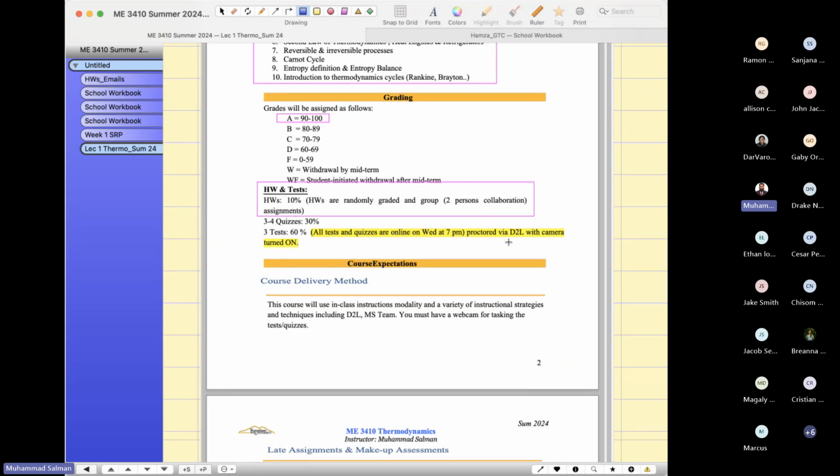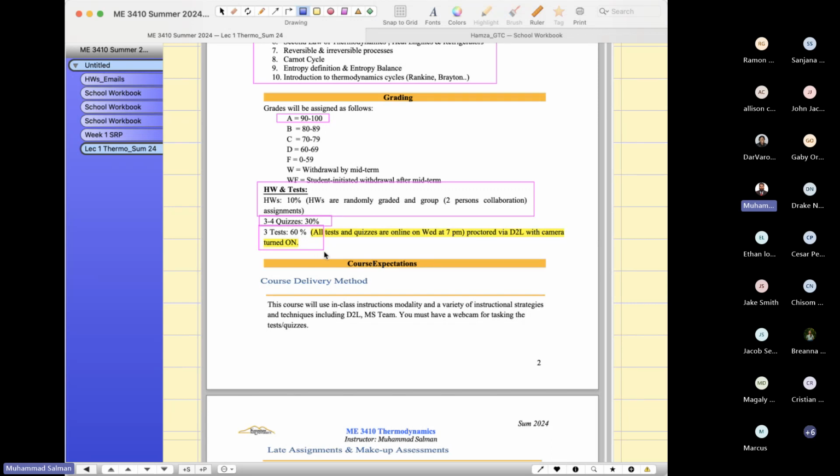It is recommended to work in a group of two students, but if you want to work alone, that is also allowed. Or if you want to work in a group of two, it is also permissible. Then you will have 3 to 4 quizzes covering 30% of the overall grade and three tests covering 60%. These three tests include the final exam.